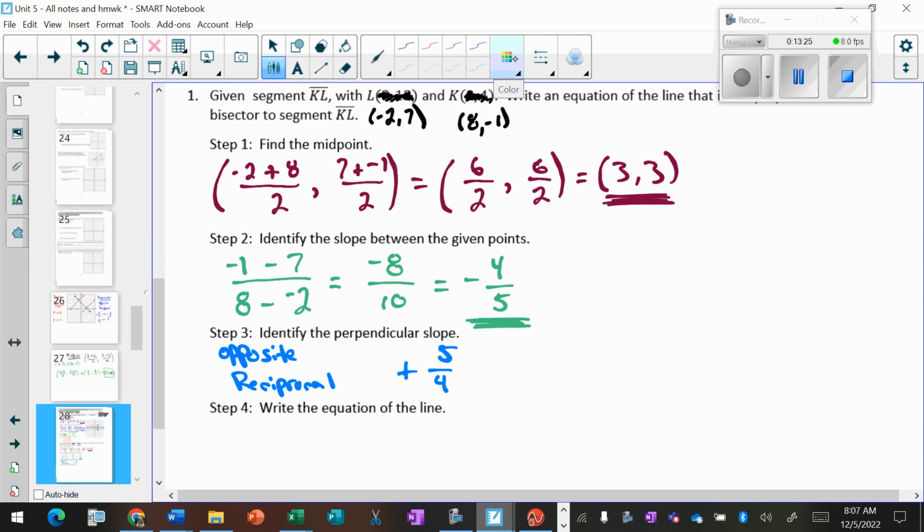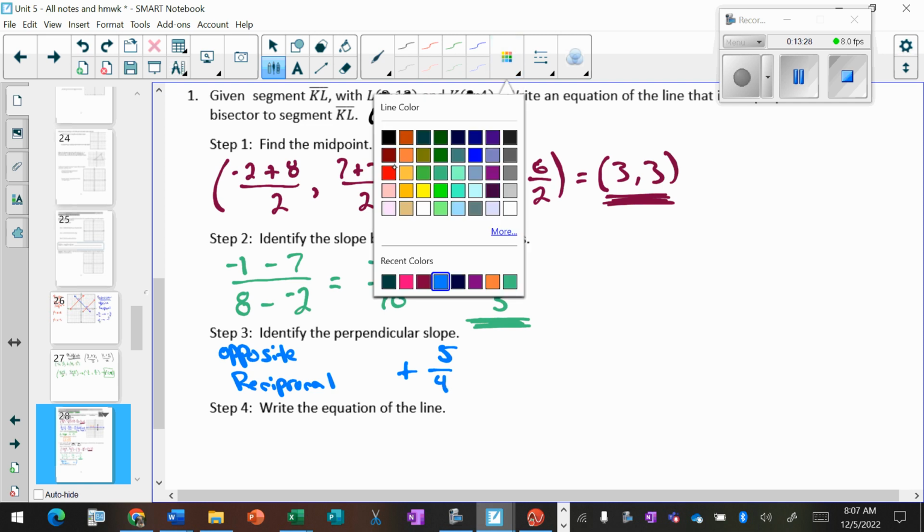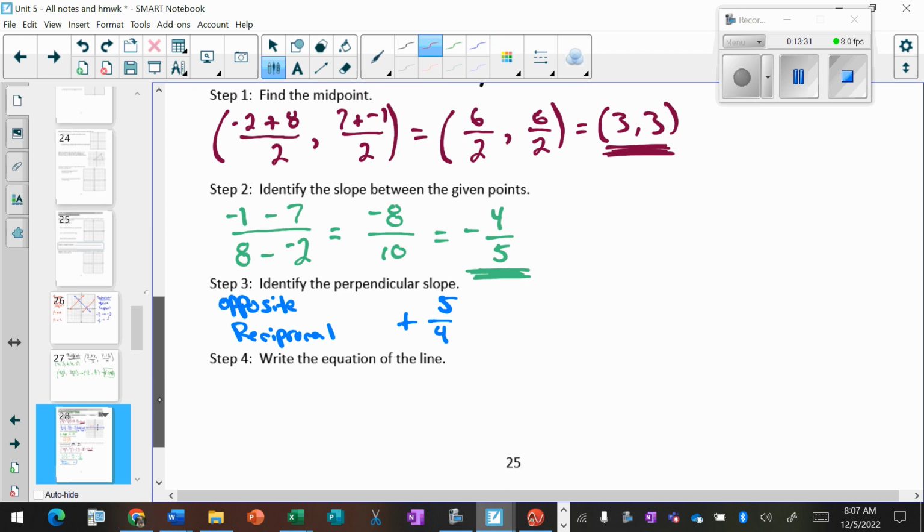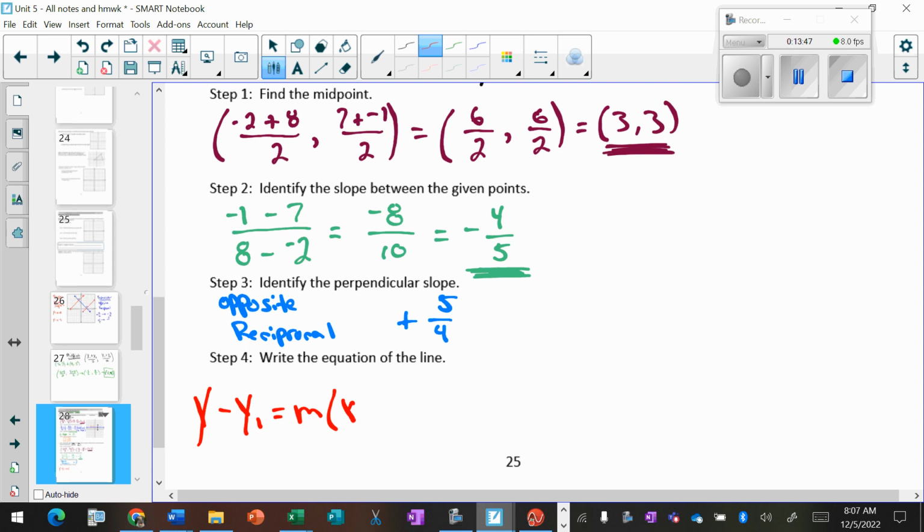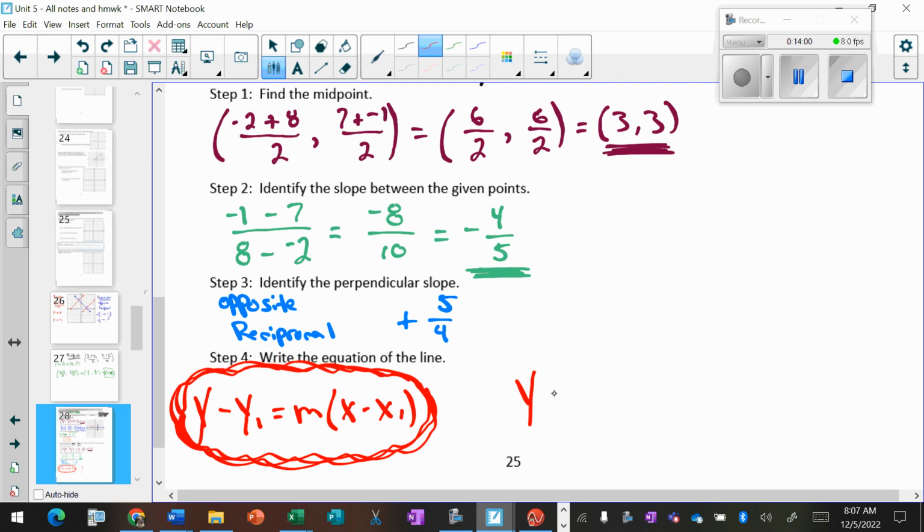Now we're at the point where we can write our equation. So to write our equation, we are going to use point slope form this time because we do not have a vertical line or a horizontal line, and we don't have the y-intercept. And we also don't need the y-intercept, to be honest with you. So our point slope form is y minus y1 equals m times x minus x1. When we first learned it, we were just practicing putting the numbers into the correct spots, knowing that the y stayed the y, the m gets replaced with the number, and then the y1 and the x1 get replaced with a number.